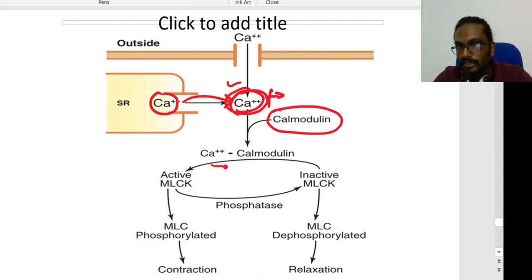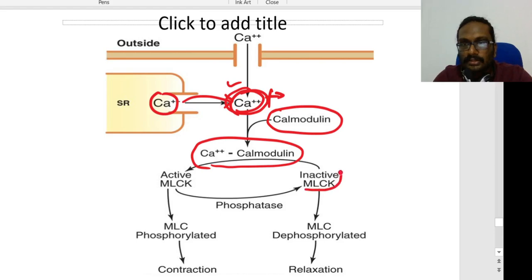So this complex is going to activate your myosin light chain kinase. That was your myosin light chain kinase. Now what happens to your myosin light chain kinase? It transforms. Now this is activated, and this is inactive myosin light chain kinase. So now the myosin light chain kinase is activated.